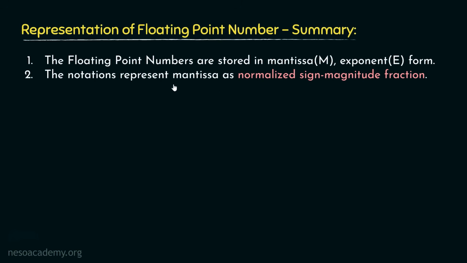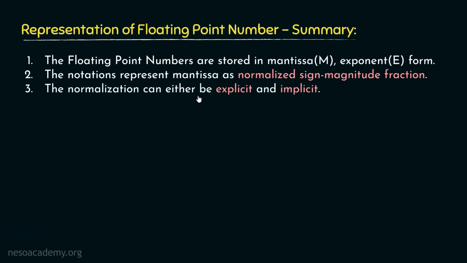Because if you remember, for mantissa, we actually dedicated the most significant bit of the entire bit stream for representation of the sign. And coming to the mantissa portion, we have seen that the values are stored in implicit normalized form, haven't we? Thereafter, the normalization can either be explicit or implicit. However, we usually go with the implicit normalization form because that provides us with more precision.